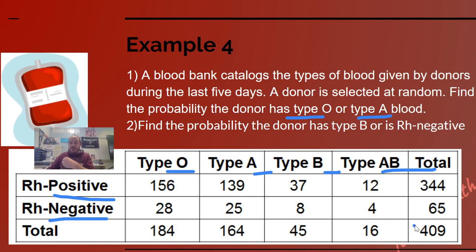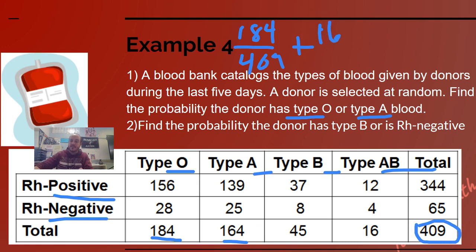Well, I know that there is a total of 409 people in this survey. How many of them have type O blood? Well, in this case, 184 of them have type O blood. So I'm going to up here put 184 out of the 409 people. Now, with that said, we're going to be adding our type A blood. Type A, it says that there's 164.